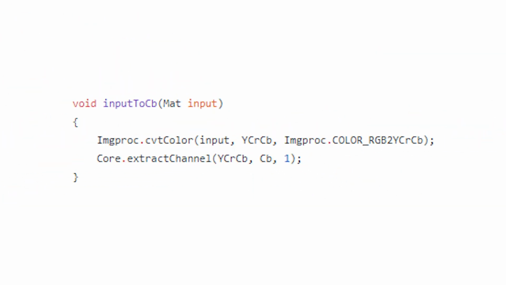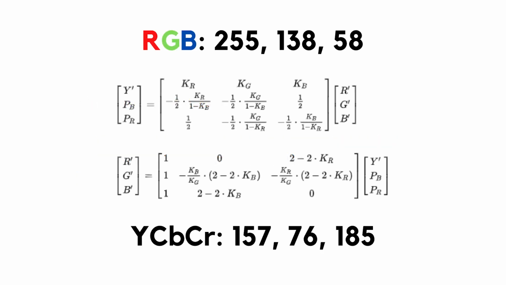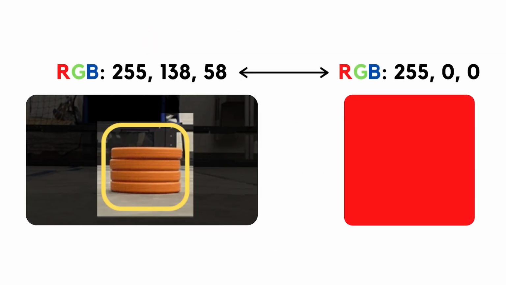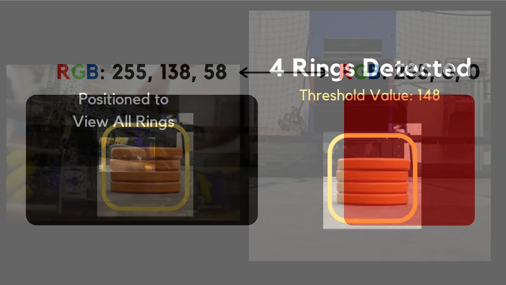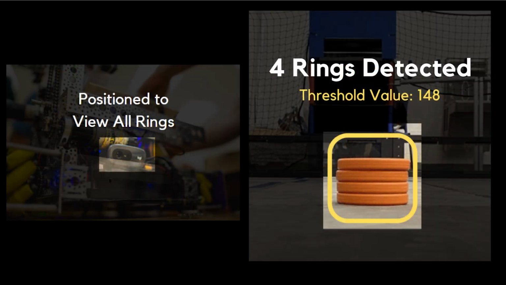Utilizing the methods from the OpenCV library, we then convert that RGB value to YCrCb, and we extract the Cb channel to our Cb variable to compare how far away the RGB values of the pixels in the virtual box are from the color red. Finally, we take the average Cb value and compare it to our experimentally derived threshold values for 4, 1, and 0 rings.